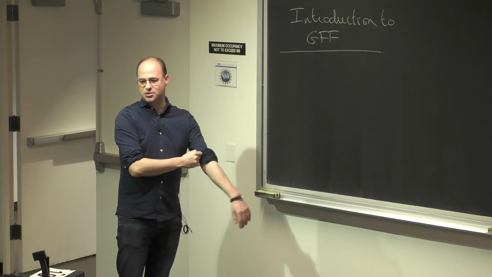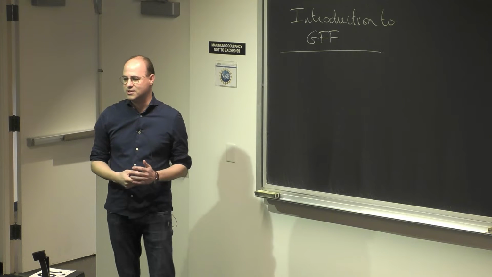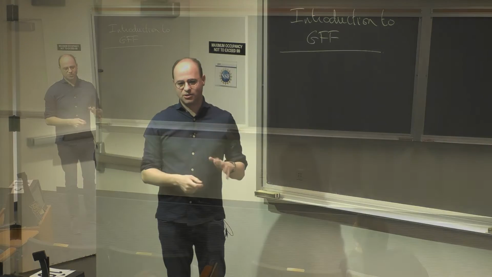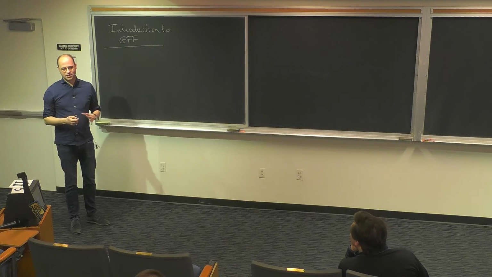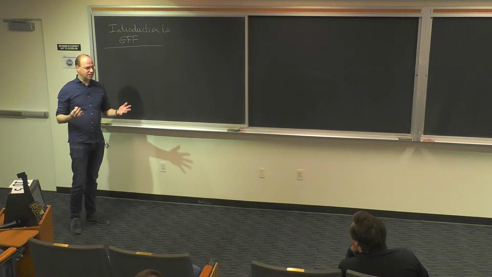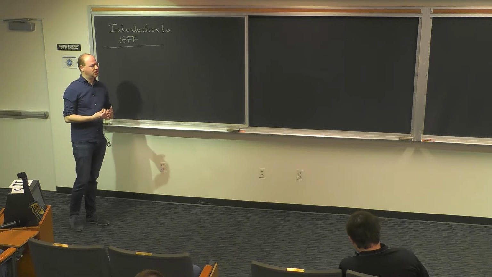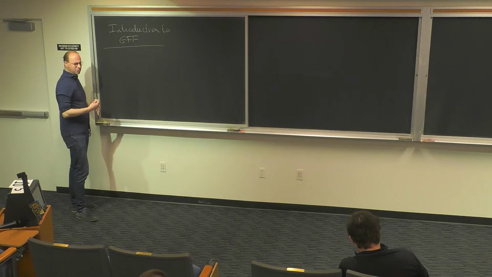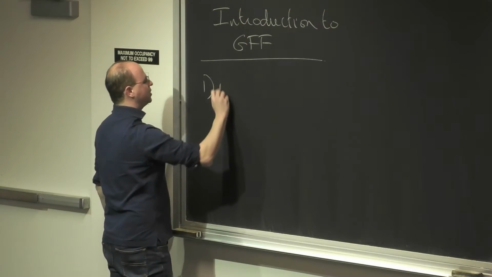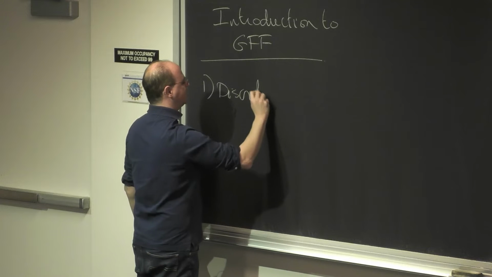Because there are quite a few analytic subtleties in defining this object, I thought it might make sense to start this introduction by saying a few things in the discrete case, where there is much less technical apparatus and it's a bit easier to get an intuition. So I'll try and start with that.